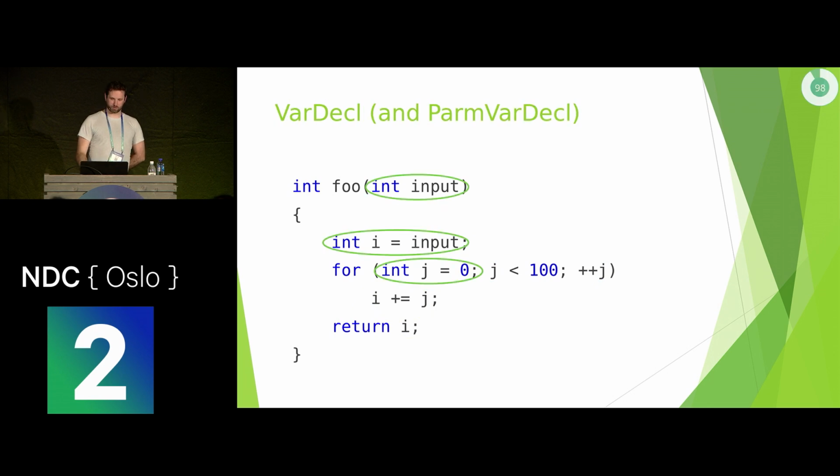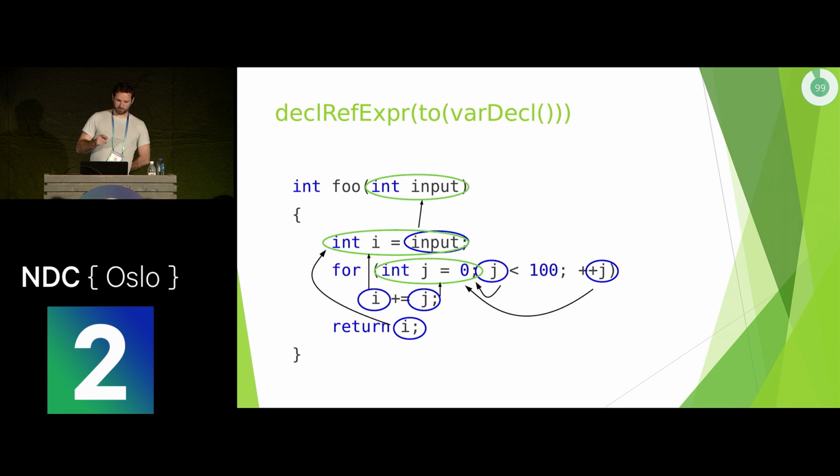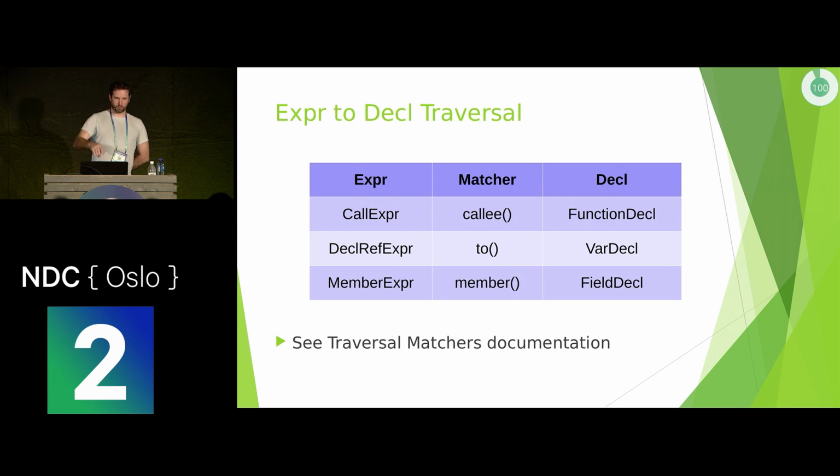Said variables are circled here. And if you're interested in some attribute of a variable when you have a declRefExpr, what you use is the to caller. So, you might be interested in variables, so this expression, and then say, I only care about it if it's a use of a variable called I, whatever. So unfortunately, there's this kind of inconsistency in those matchers, and you'll just kind of have to get used to those for now. Perhaps we can fix those. I'd like to make them all just 2, so that 2 is always the right thing to write.